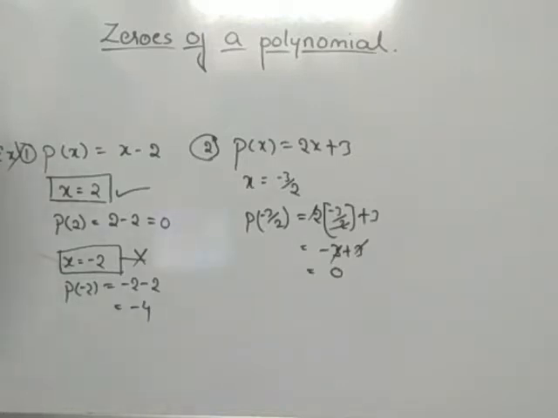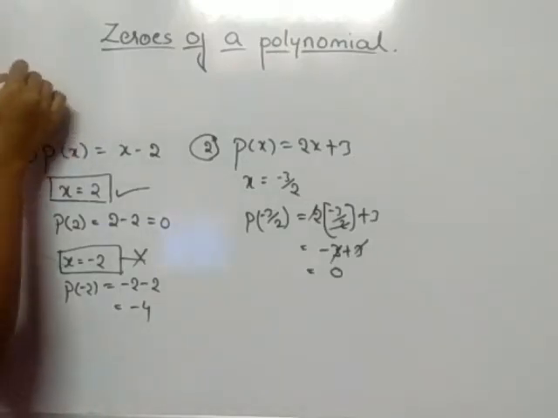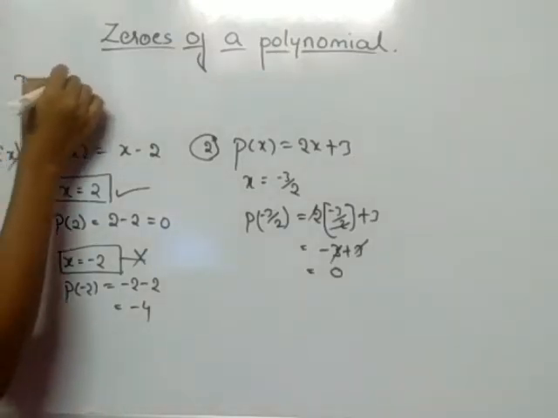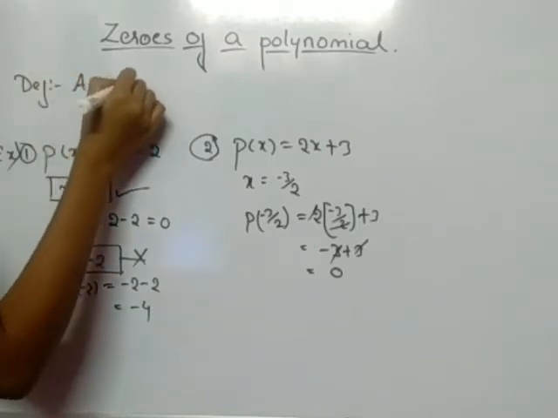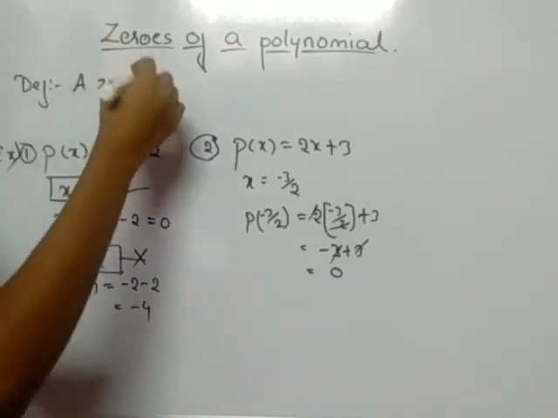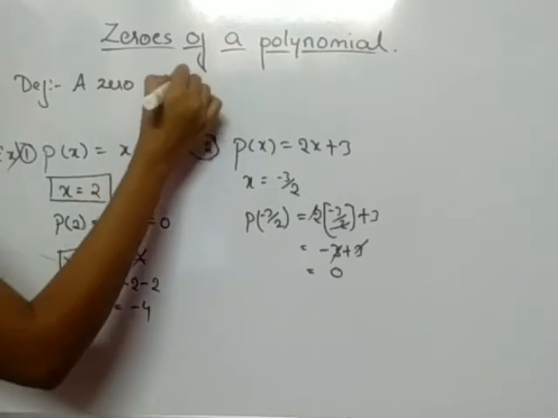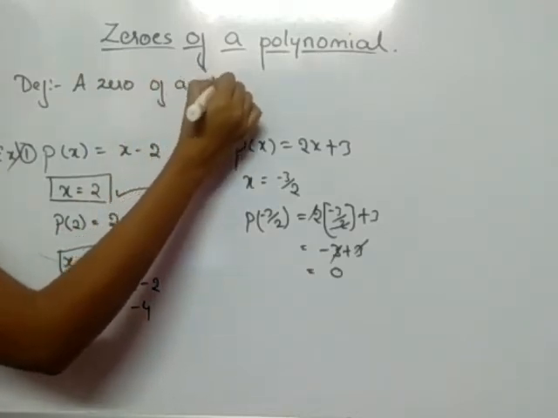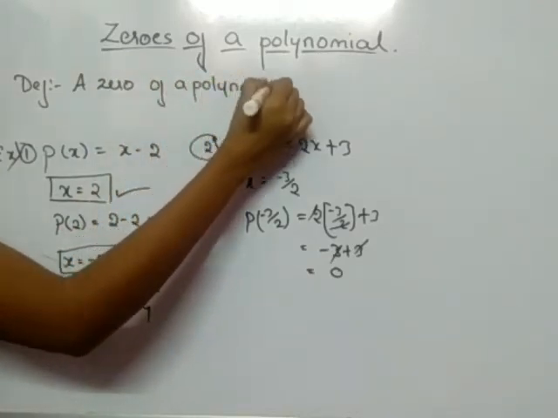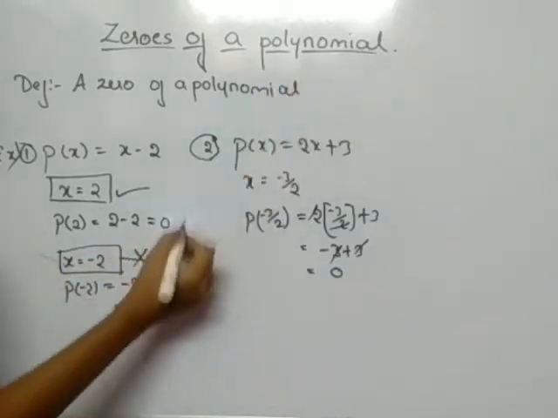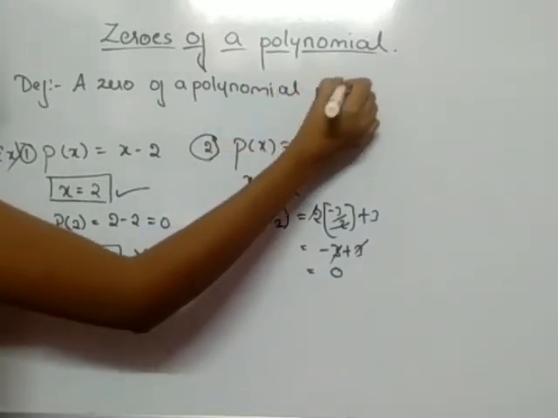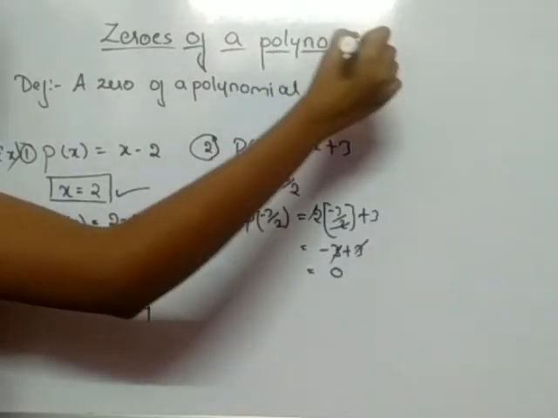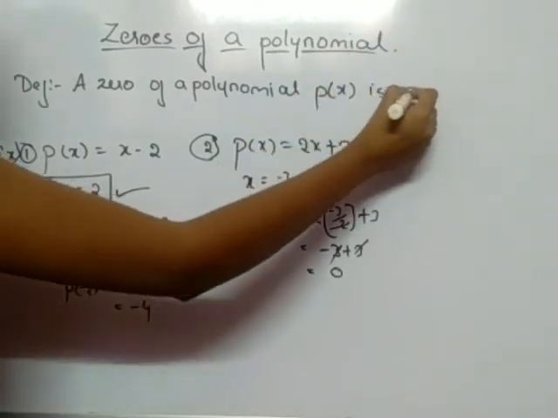So let us write a definition for zeros of a polynomial in general. Definition: a zero of a polynomial p of x is a number, right?